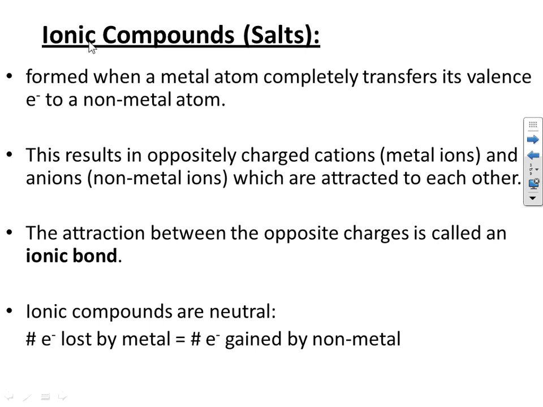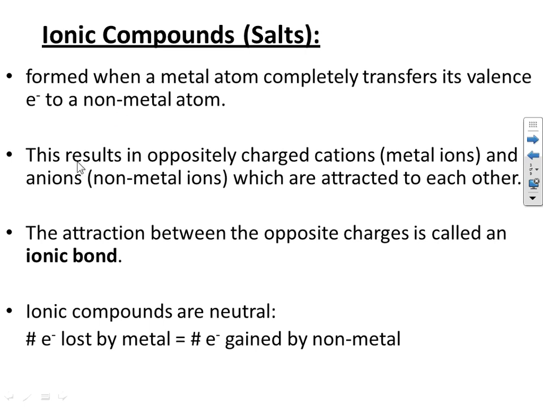So an ionic compound is formed when we have that metal atom giving its electrons away to the nonmetal atom. We've just completed our lessons on how metal atoms lose electrons to form their ions, and the nonmetal atoms gain electrons. And in the formation of an ionic compound, the electrons that are lost by the metal are then accepted by the nonmetal.